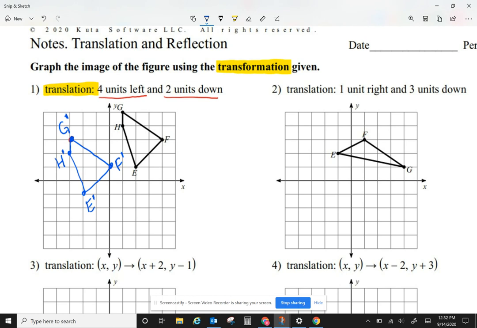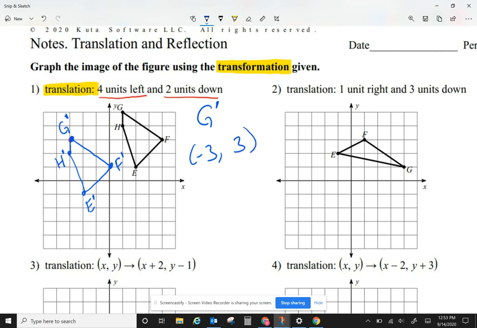For homework and for online teaching, I'm going to ask you for the coordinates of a specific point. For example, let's say I ask you to solve for G prime. Give me the coordinates of G prime. I just want you to give me the coordinates of that point only. We can see G prime in this case happens to be (-3, 3).